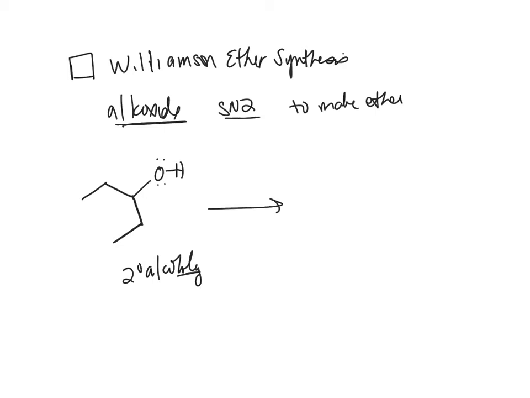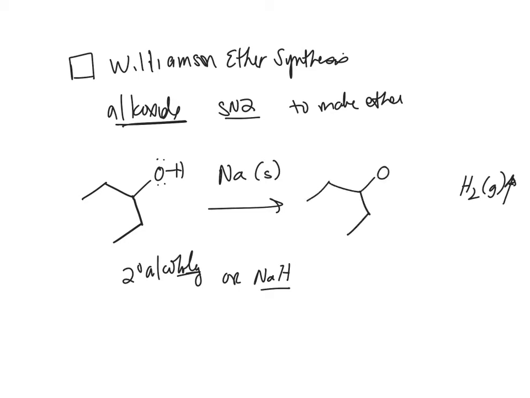To make an alkoxide, you just use sodium metal, or you could use sodium hydride. And both of these make hydrogen gas that just goes away, which is nice. And it's really an acid-base chemistry reaction. And so there's your alkoxide.